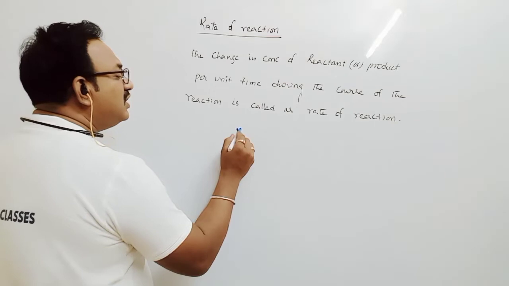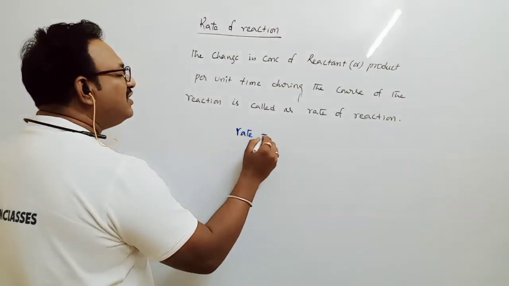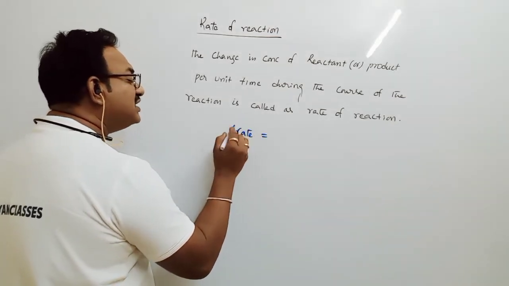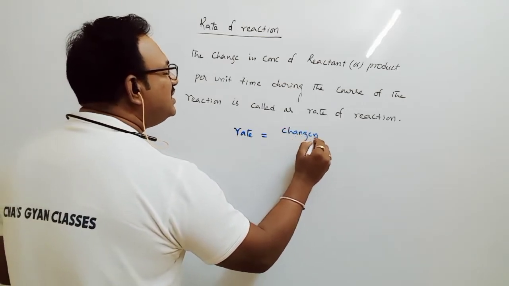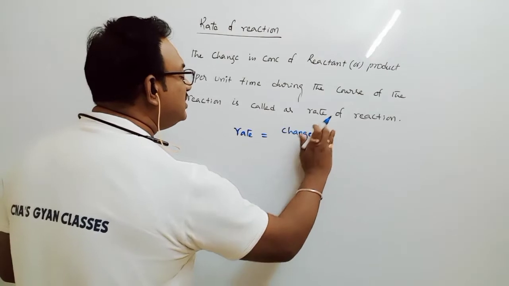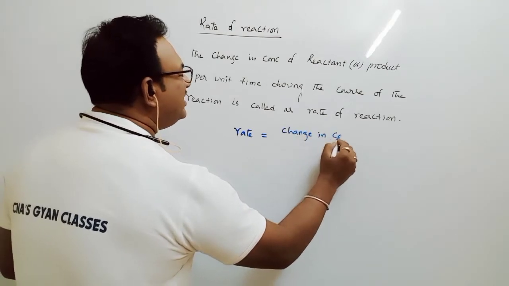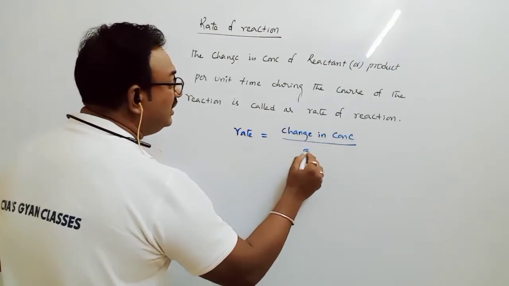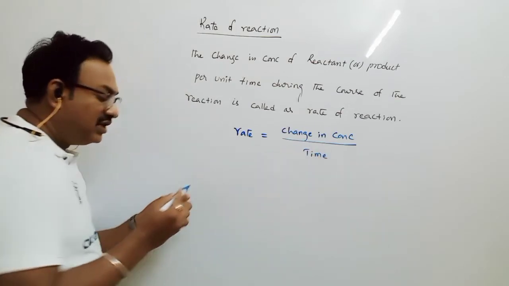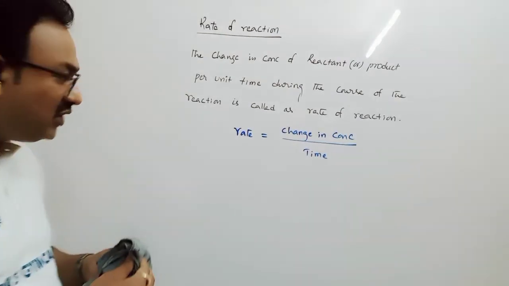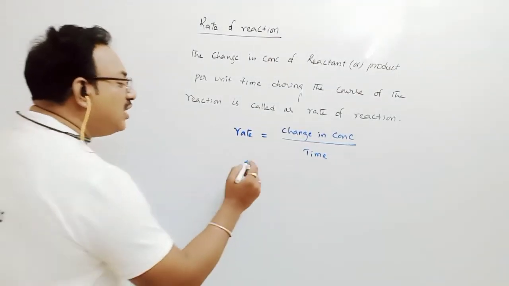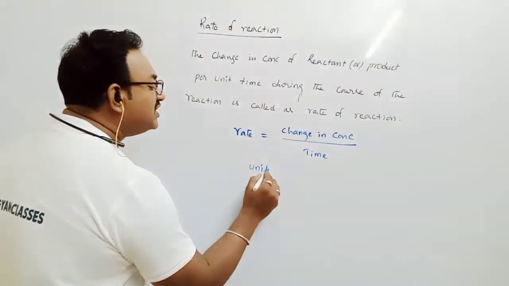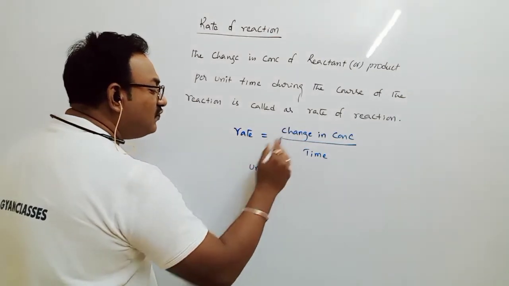So therefore rate of reaction is equal to, how can you write it? Change in concentration divided by time. Okay, so rate of reaction is equal to change in concentration divided by time. Okay, now what are the units with respect to this formula?